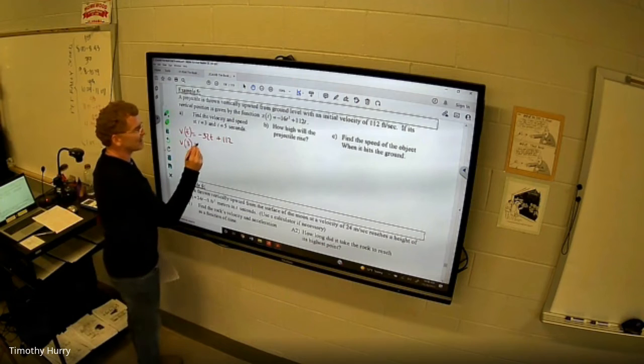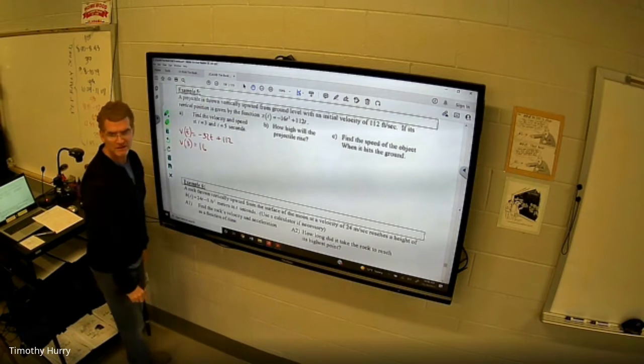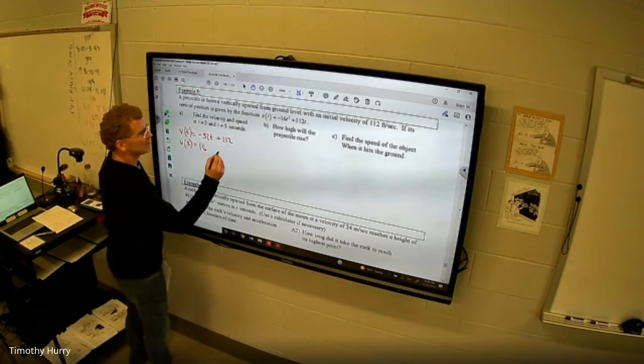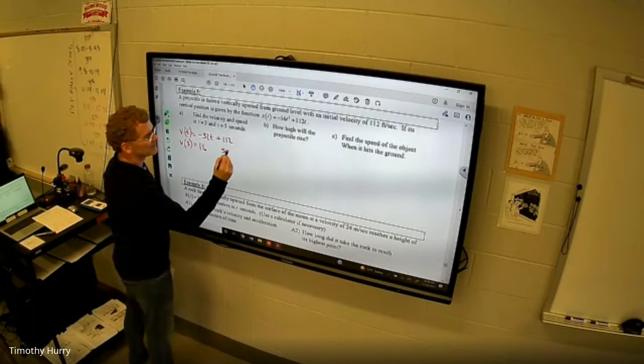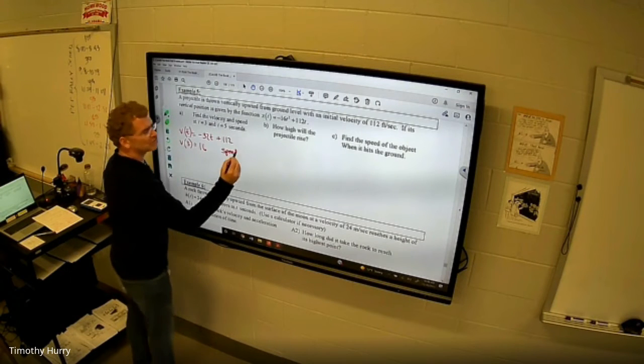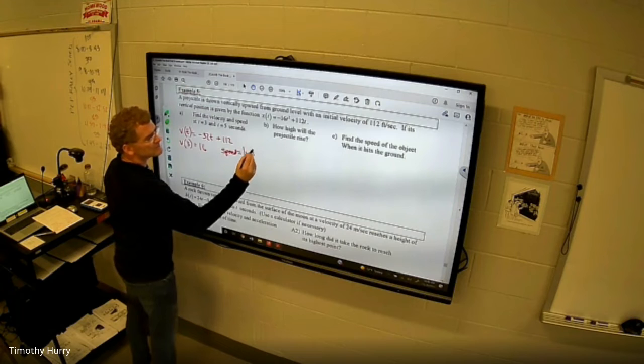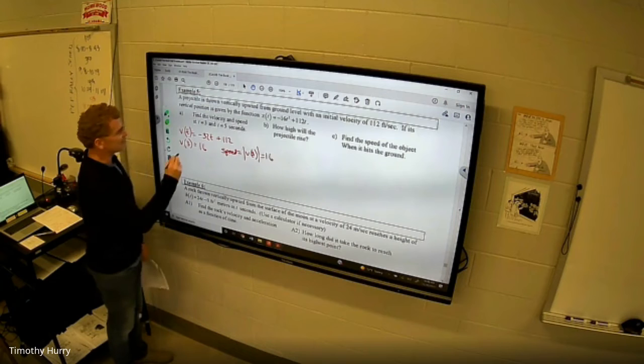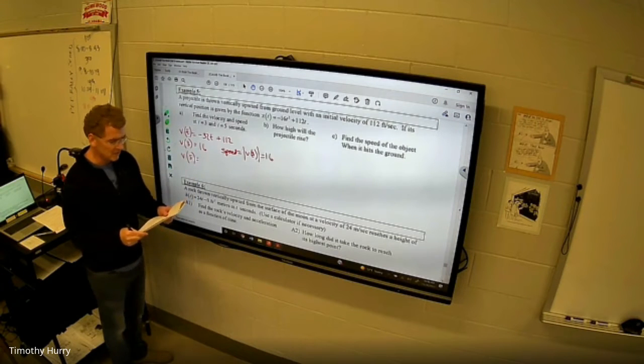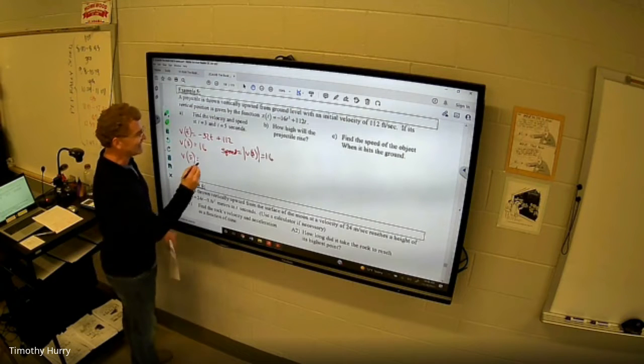So if I get 16 when I plug the 3 in, doesn't that also mean the speed, which is the absolute velocity, is also 16? And then if I want to find the velocity at 5, I plug a 5 in. When I do that, I get negative 48.